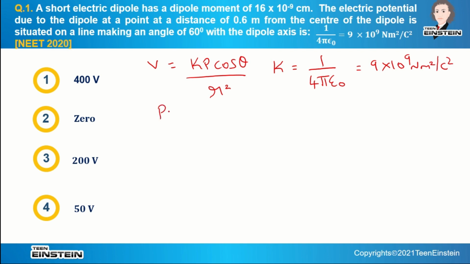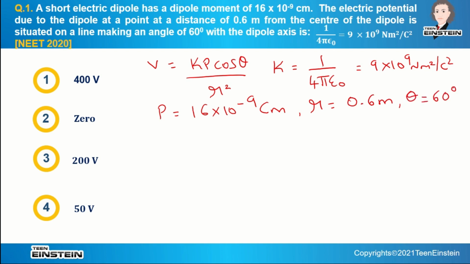They have also given the p value, 16 into 10 power minus 9 Coulomb meters, which is the dipole moment, the r value, 0.6 meters, and the angle theta is 60 degrees.